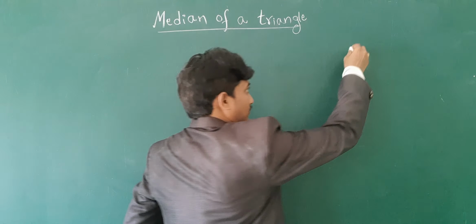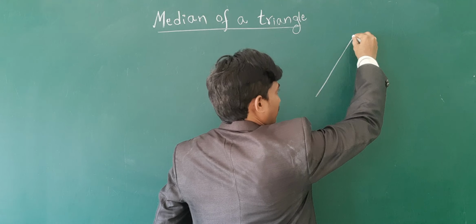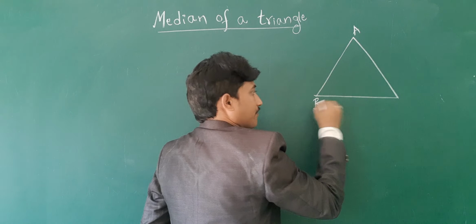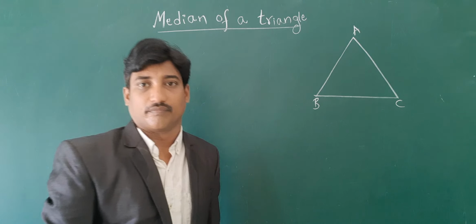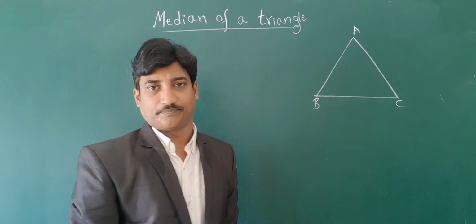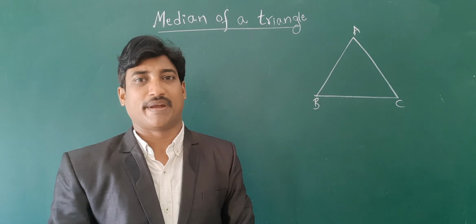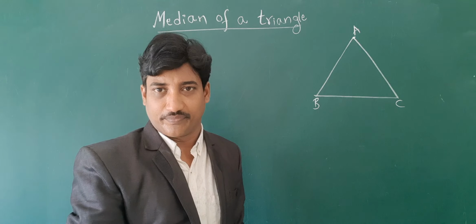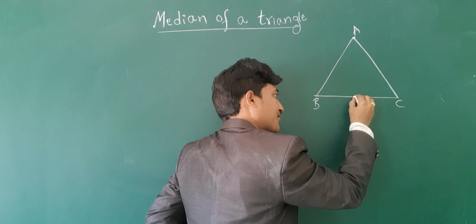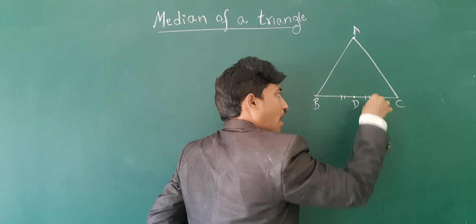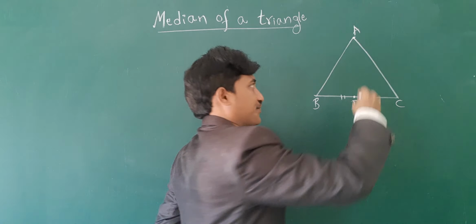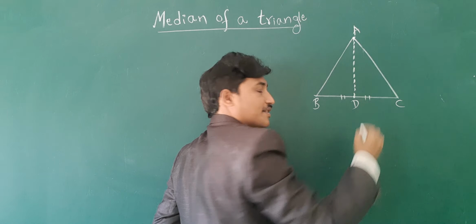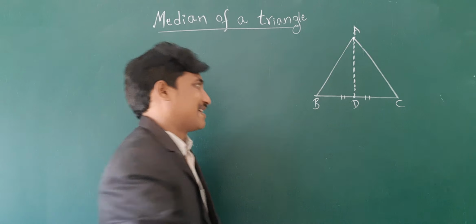In a triangle ABC, a line segment joining a vertex to the midpoint of the side opposite to that vertex is called a median of the triangle.